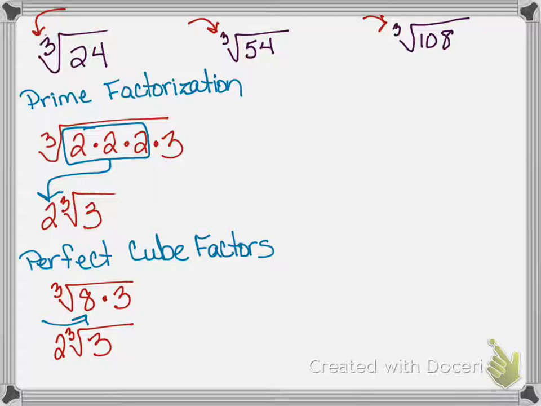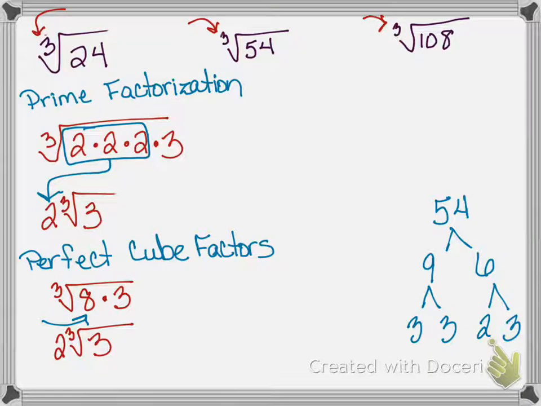So now I want to do the cubed root of 54. So I am going to do the prime factorization of 54. 54 is 9 times 6. 9 breaks down to 3 times 3. 6 breaks down to 2 times 3.